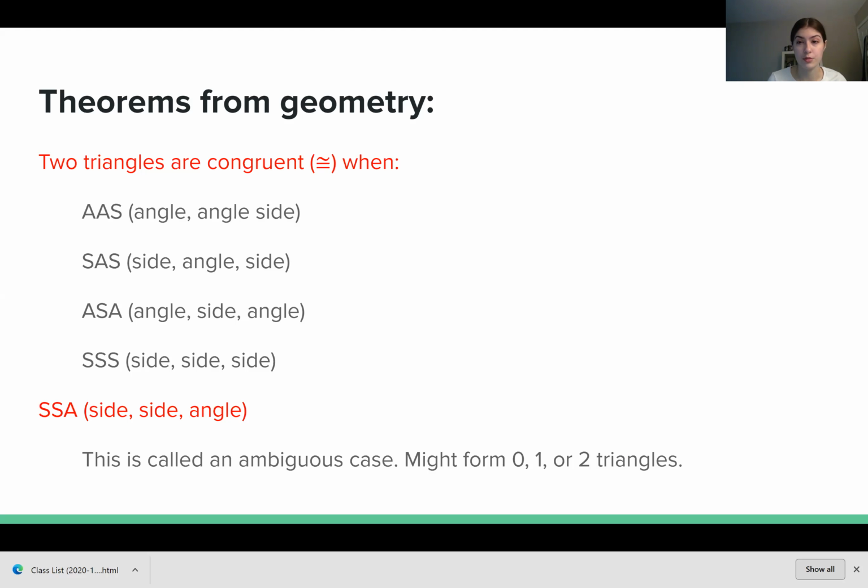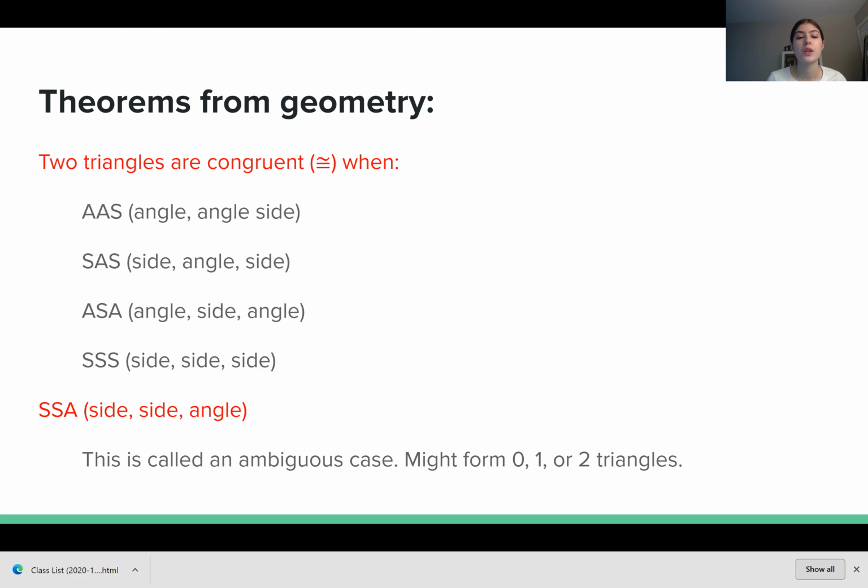These were some of the options that we could use when we wanted to prove that two different triangles were in fact congruent, in fact the same size. Now, another example that we could use is side-side-angle, but this we call an ambiguous case.